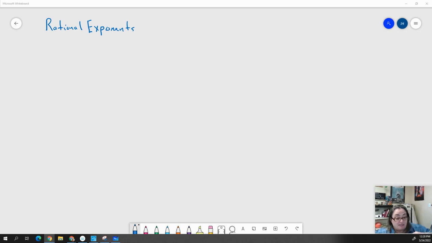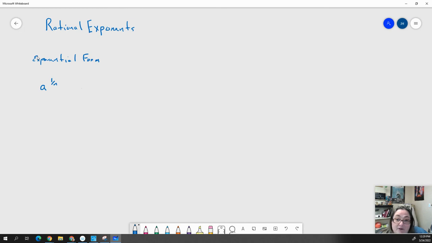Basically, what we're going to talk about is converting from exponential form to radical form, right? In the exponential form of something, I would have, say, a raised to the 1 over n power, right?